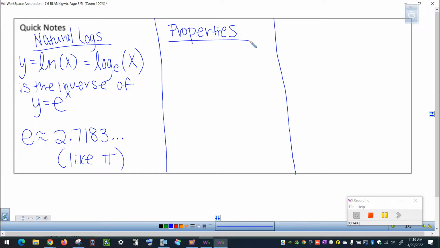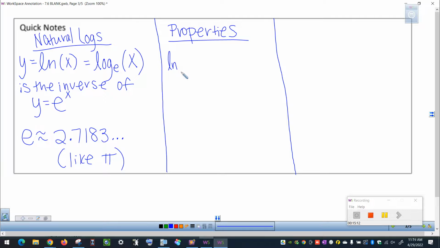All right, now what's nice about what we're looking at today is a lot of the things that we have been doing are all going to work exactly the same way with an ln or thinking about having a base of e. So if we think about the properties to rewrite expressions, before we use properties to condense and expand expressions, it works exactly the same way with ln.